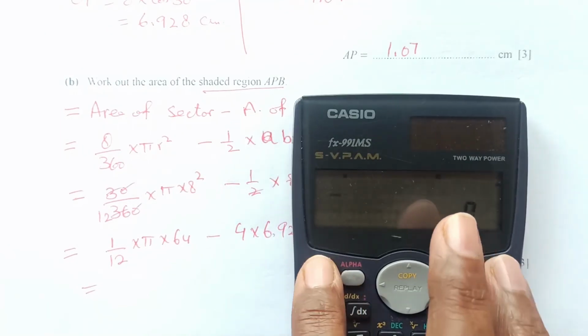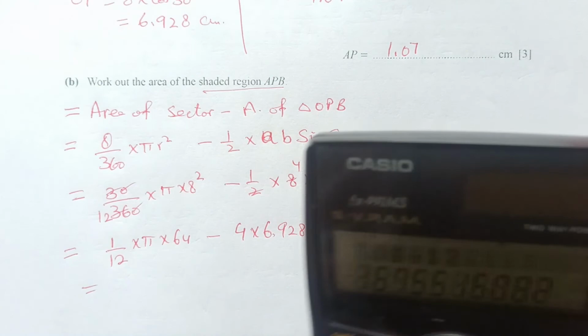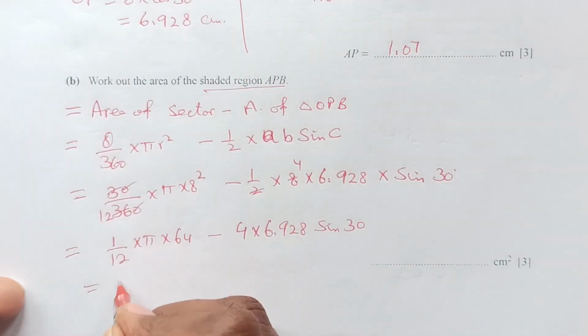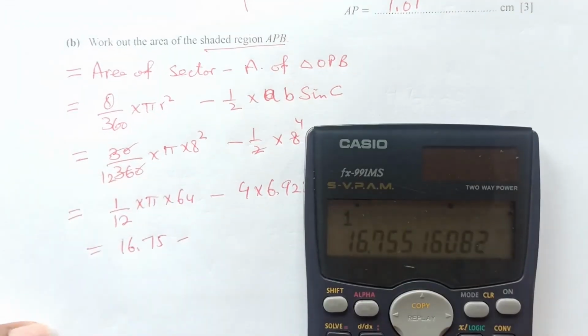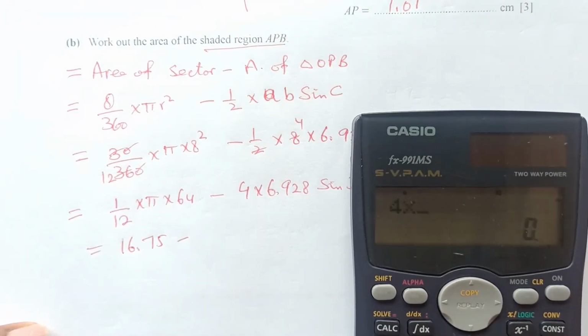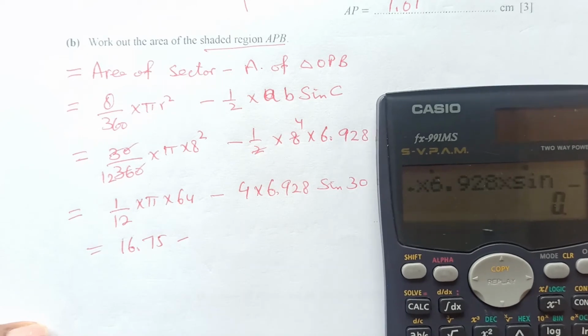Pi times 64 divided by 12. So this is 16.75. I am doing it step by step to avoid any mistake. 4 times 6.928 times sine 30.